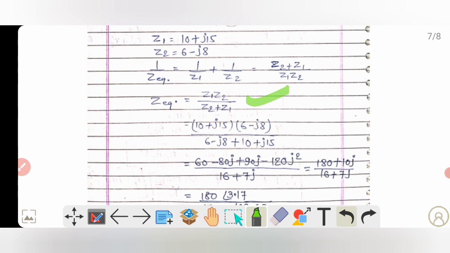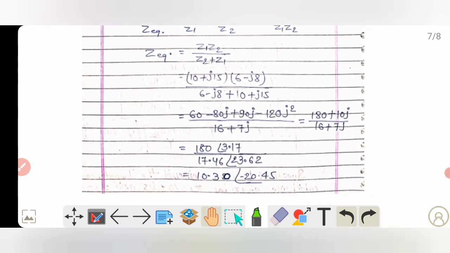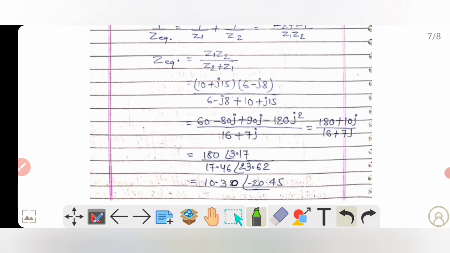And as we put all these values, after doing all these calculations, our equation comes out to be Z equivalent equal to 10.30 at the angle minus 20.45.